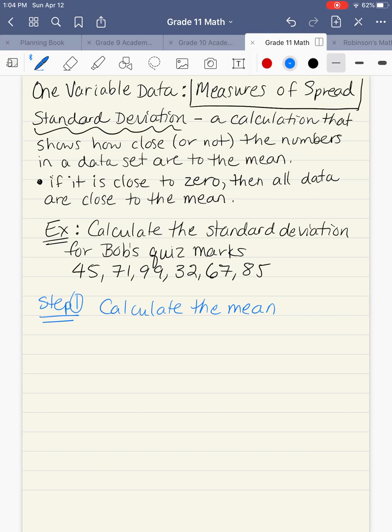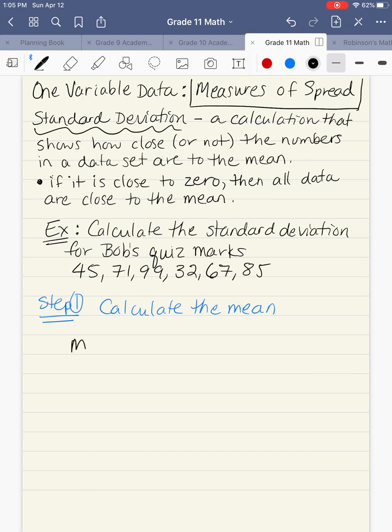So this is quite a lengthy calculation, and it requires 5 separate steps. And for an example, we're going to be calculating the standard deviation for Bob's quiz marks. So we have Bob's quiz marks right here. We have 45 plus 71 plus 99 plus 32 plus 67 plus 85.